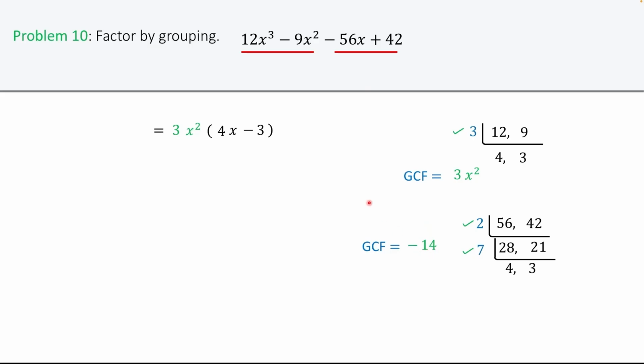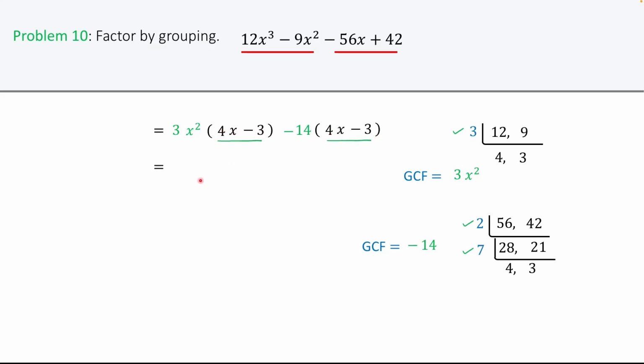Factor out negative 14. Now divide each term by negative 14. Negative 56x divided by negative 14 is positive 4x. Positive 42 divided by negative 14 is negative 3. Now you have 2 terms. There is a greatest common factor of 4x minus 3.